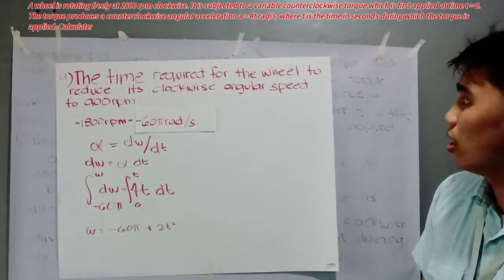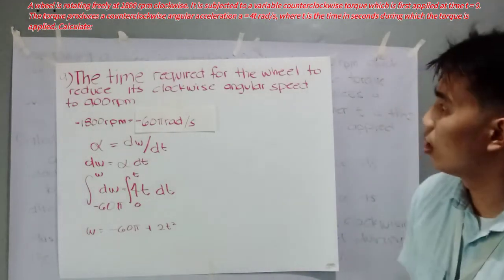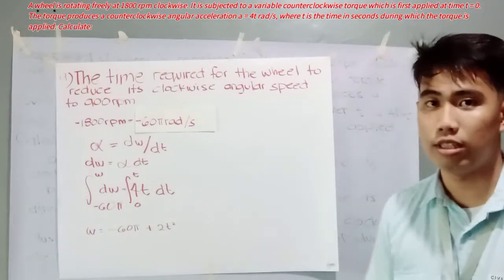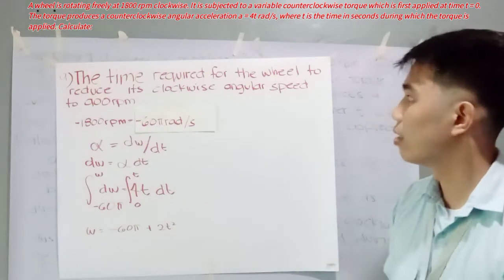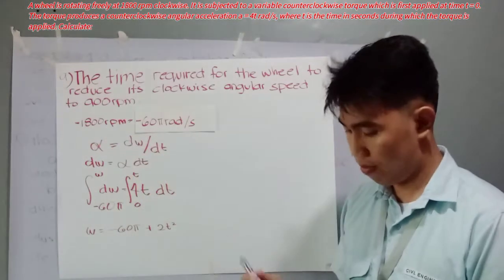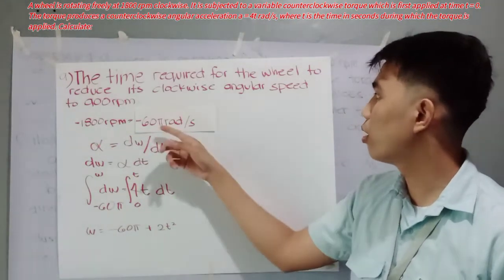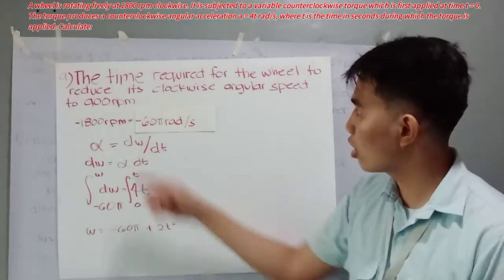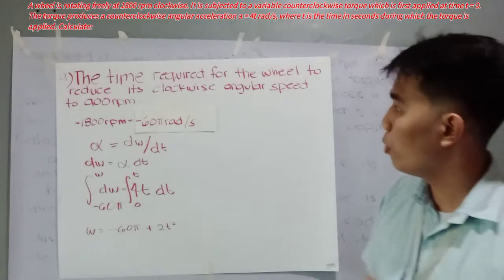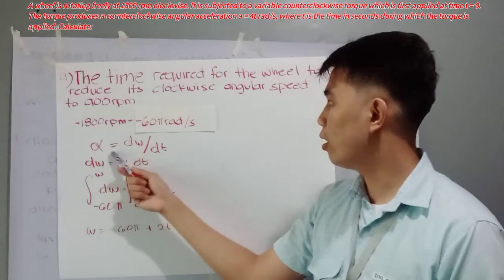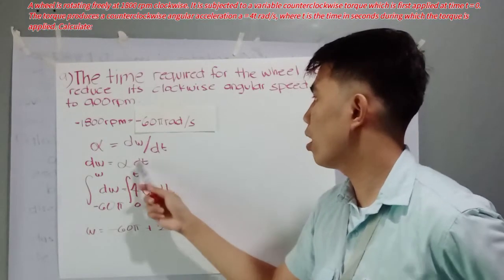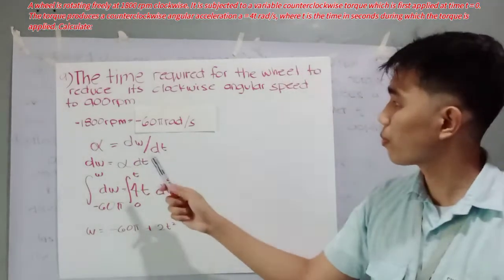Because it is clockwise, it becomes negative, since counterclockwise is positive. Converting it to rad per second, it becomes negative 60 pi rad per second. We have the formula alpha equals d omega over dt.